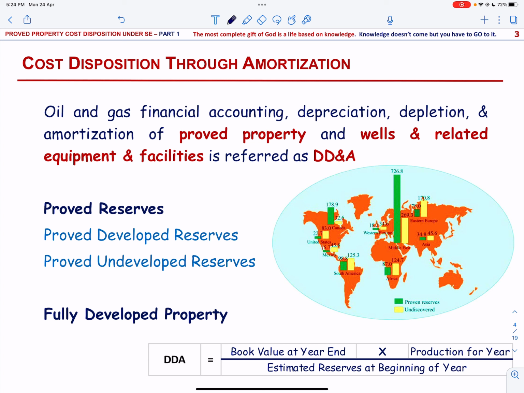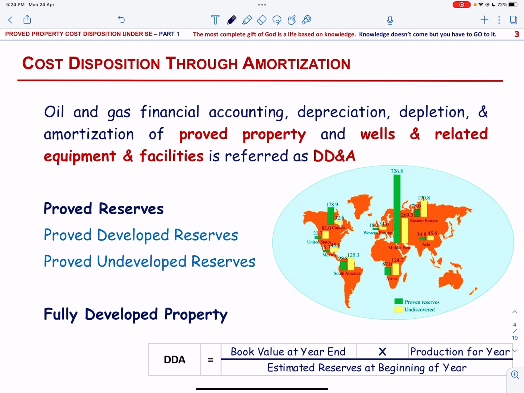For oil and gas financial accounting, depreciation, depletion, and amortization of proved property and wells and related equipment and facilities is referred to as DD&A.